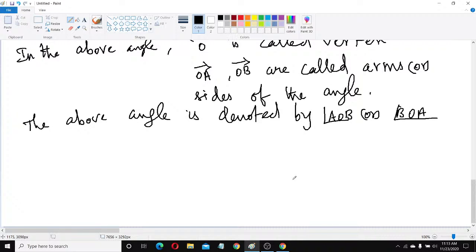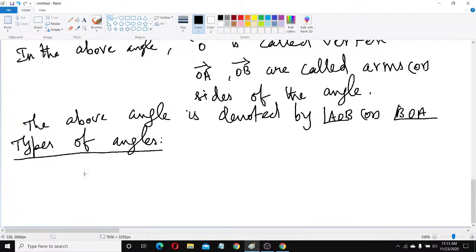Now we'll learn the types of angles. These types of angles you learned in 5th class also, children. Now first I'll draw the figure. Here you see this figure.